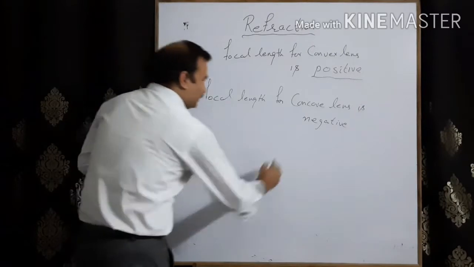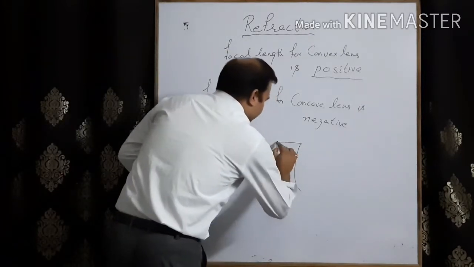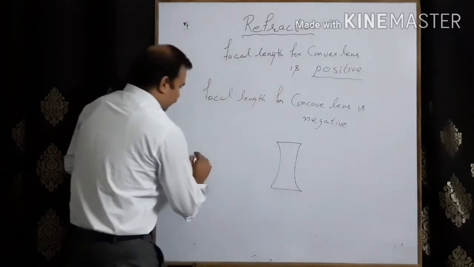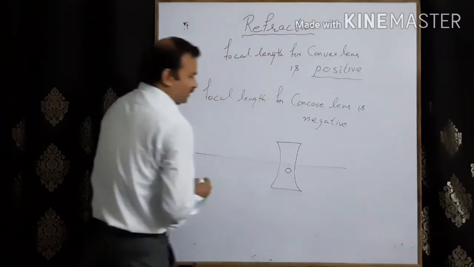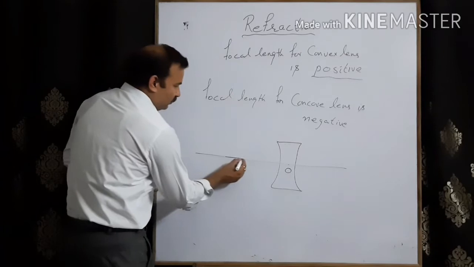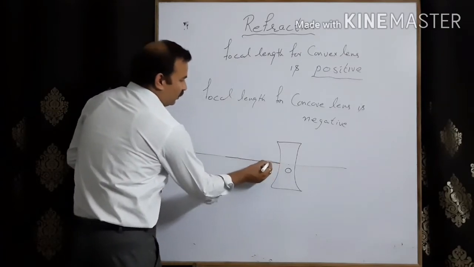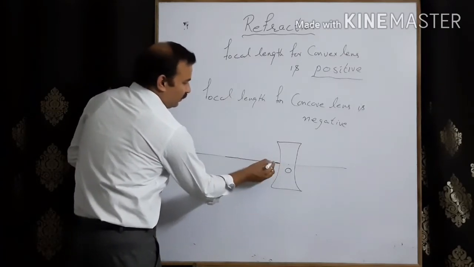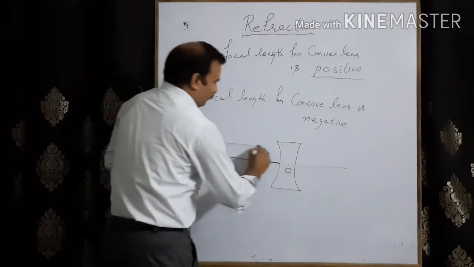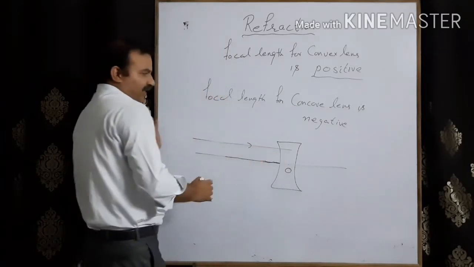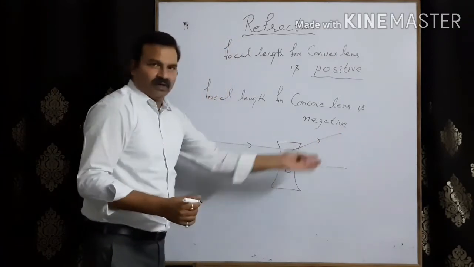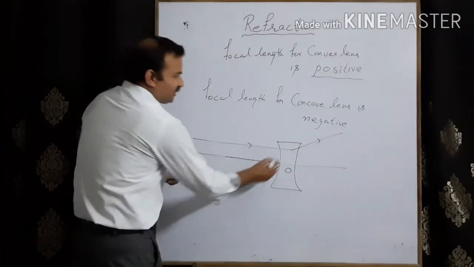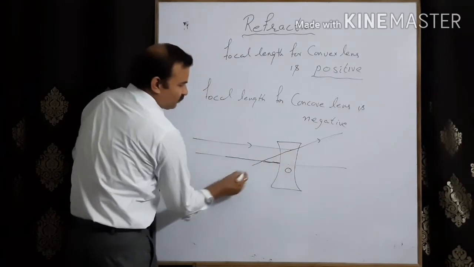For a concave lens, let this be a concave lens, and this is the principal axis. This is the optical center O. Now a ray of light coming from the left side to the right side will diverge, and it seems to be coming from this one focus.